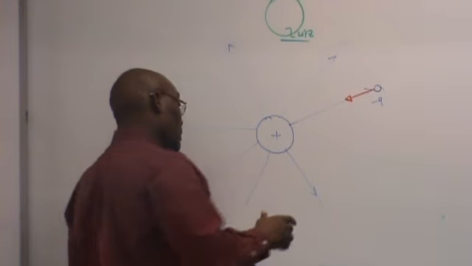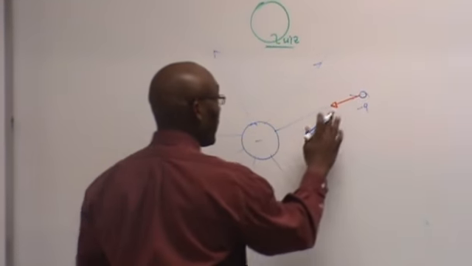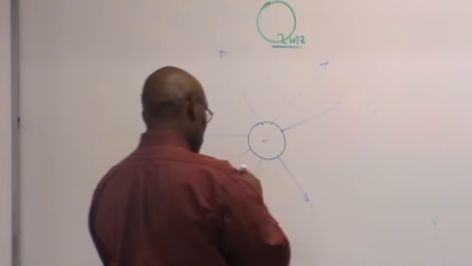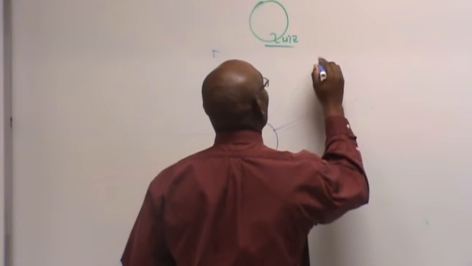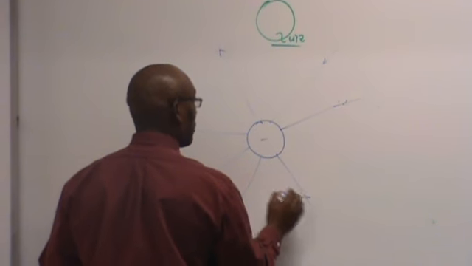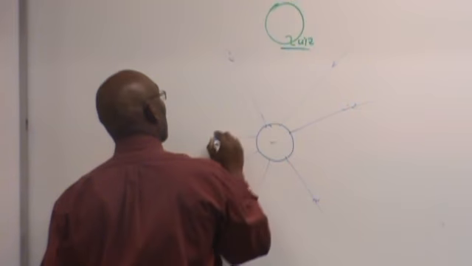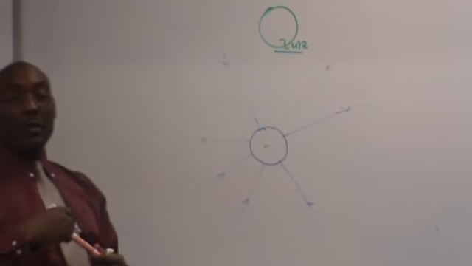And let's say this charge was negative instead of positive. Then the field lines would point this way. The vector field that we call an electric field will point the other way.